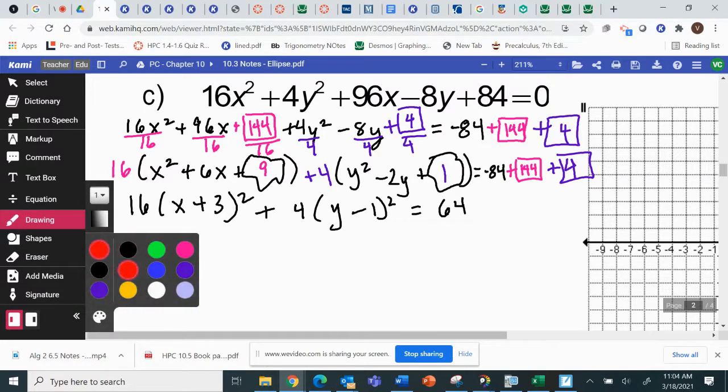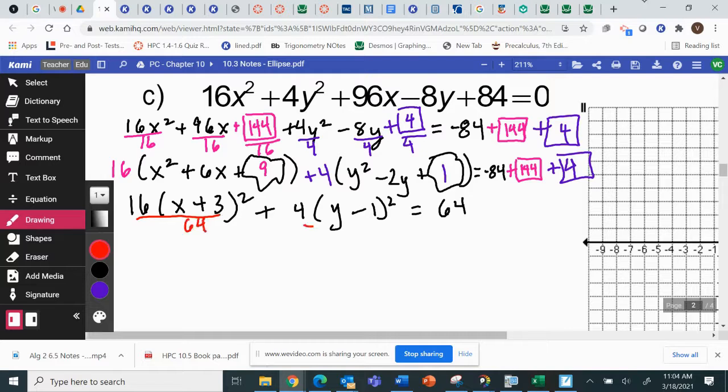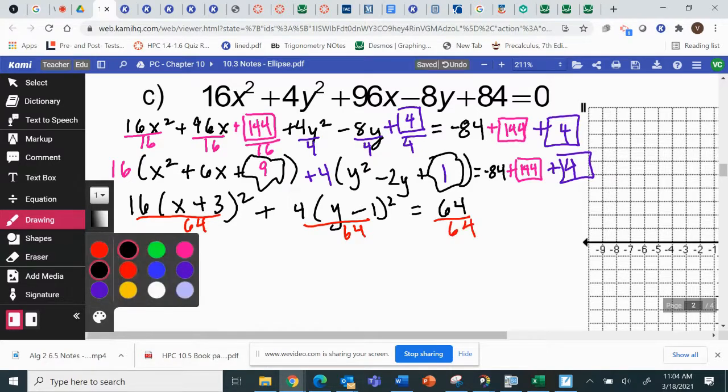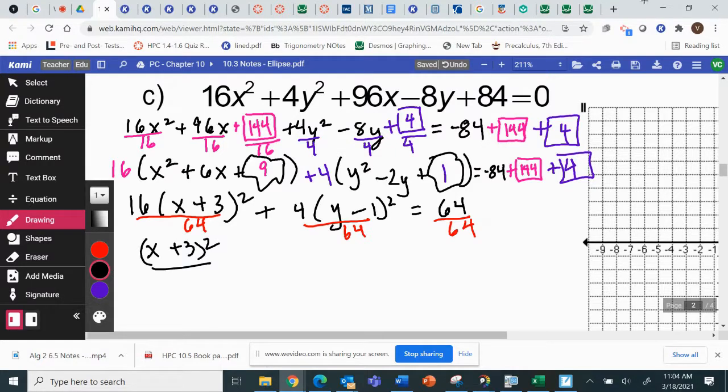So we're going to divide everything by 64. So I get x plus 3 squared on top. And then when we reduce 16 over 64, I get 4 left over on the bottom. Plus y minus 1 squared on top. And then 4 over 64 is 1/16. So I get 16 on the bottom, equals 1.